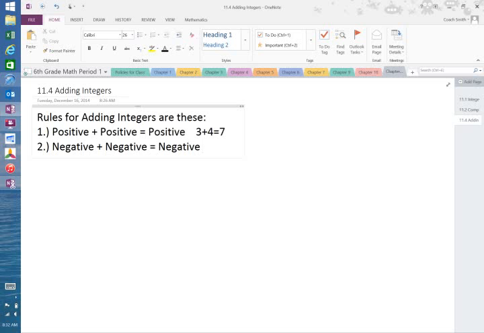So negative 3 plus negative 4 equals negative 7.